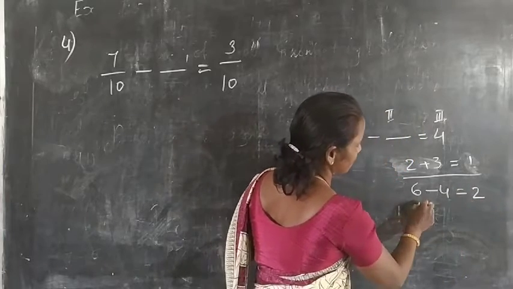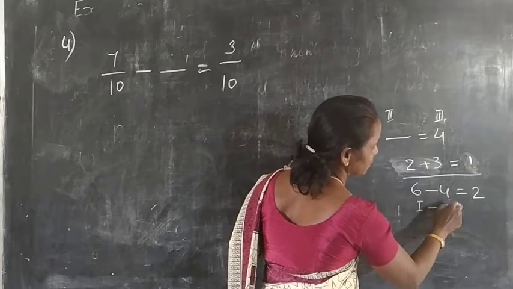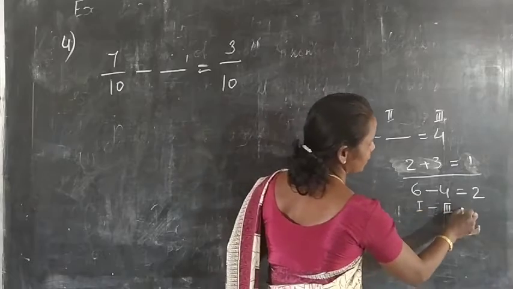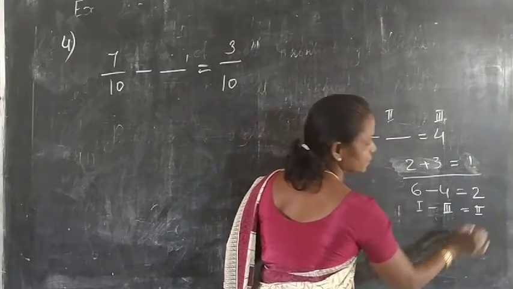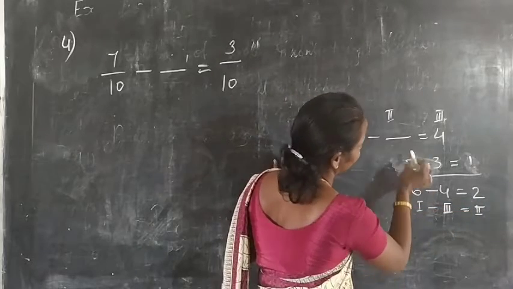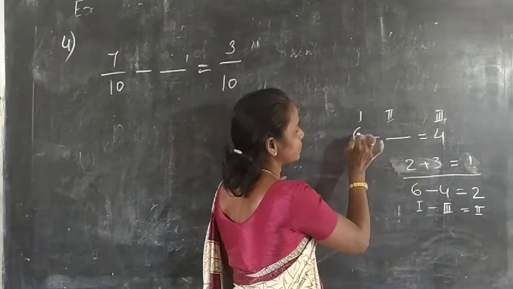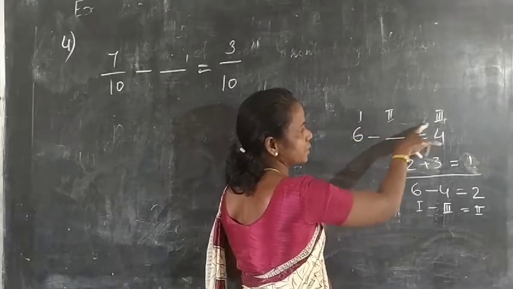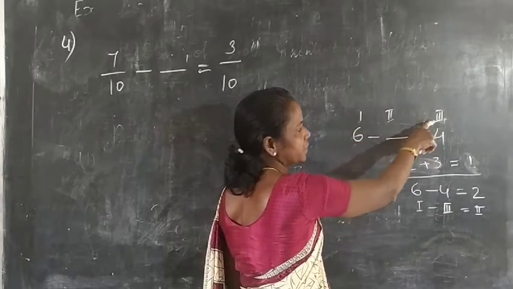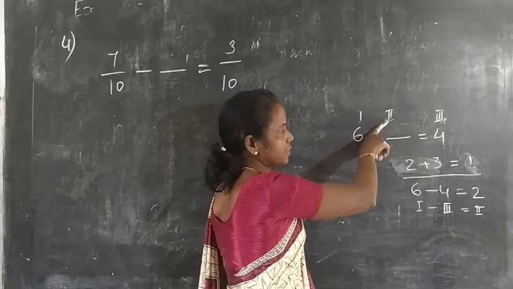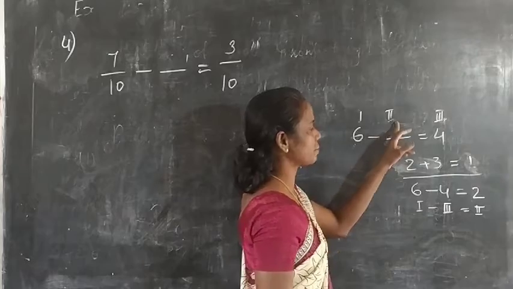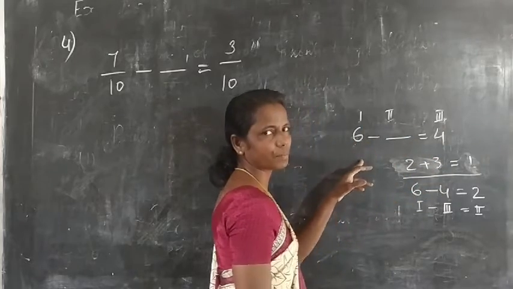So the first number minus the third number gives the second number. Or the first number minus the second number gives the third number. Same as the first number minus the third number gives the second number. And the second number plus the third number gives the first number.